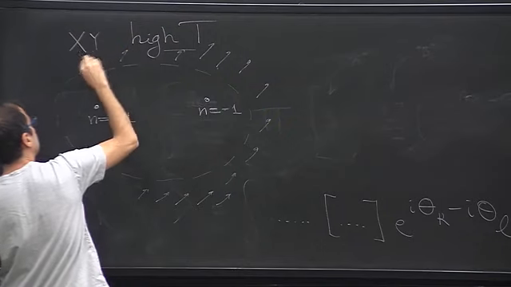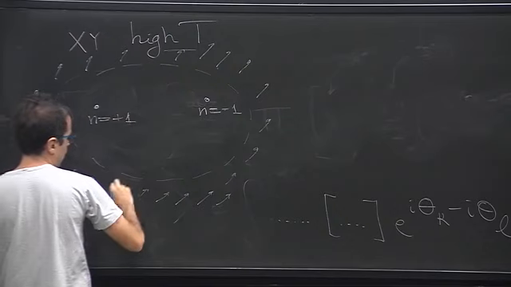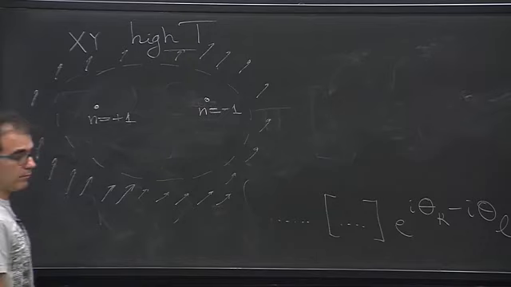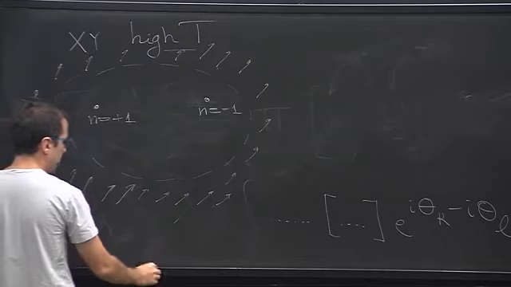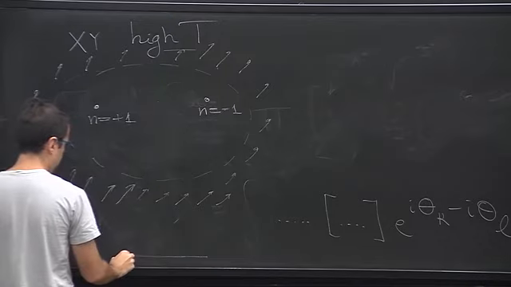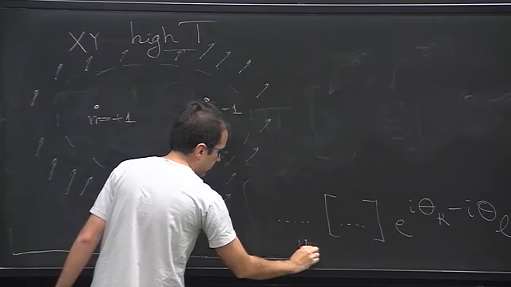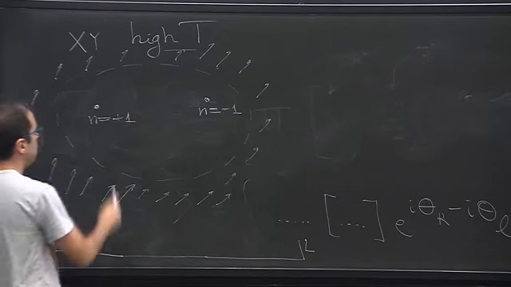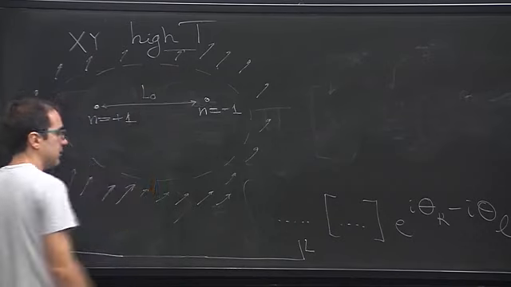So the upper limit would not be the size of my table L. It's not really the size of the table L that matters for the energy of these vortices, but the separation between the vortices, say L0.